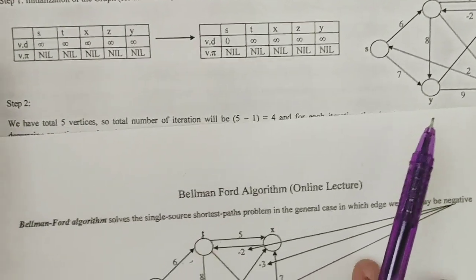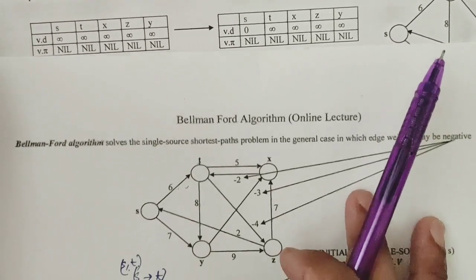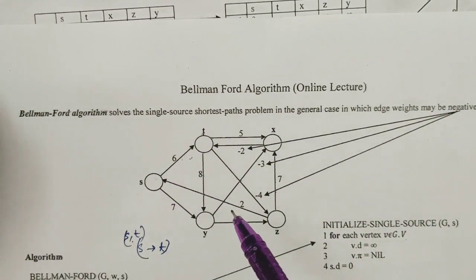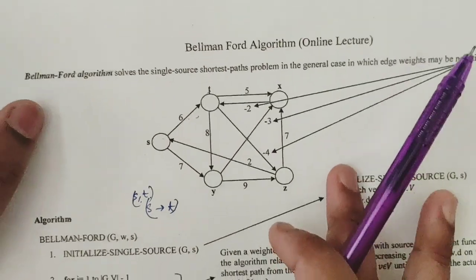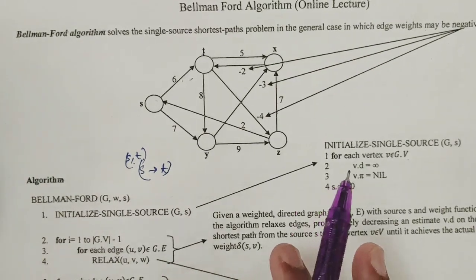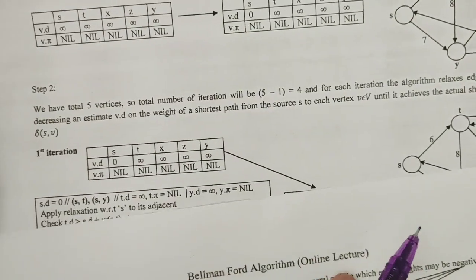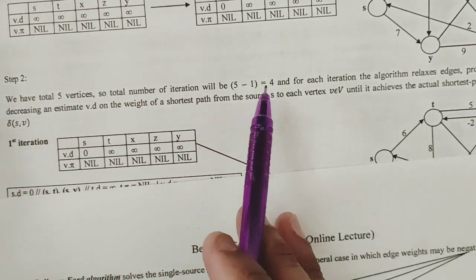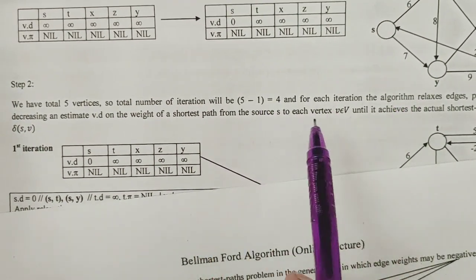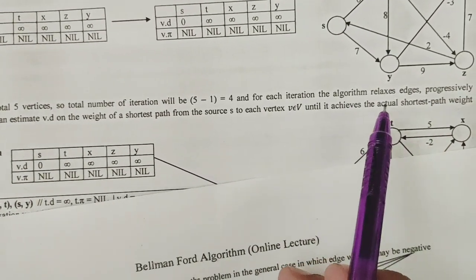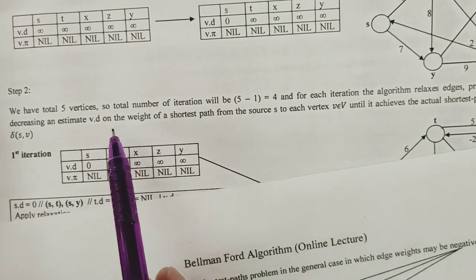Step 2. We know that the graph has a total of 5 vertices, so there will be 5 minus 1, 4 iterations, and under each iteration you have to apply relaxation for each edge. As we have total 5 vertices, the total number of iterations will be 5 minus 1, 4, and for each iteration the algorithm relaxes edges, progressively decreasing the estimate v dot d.